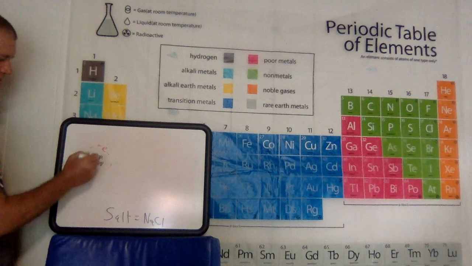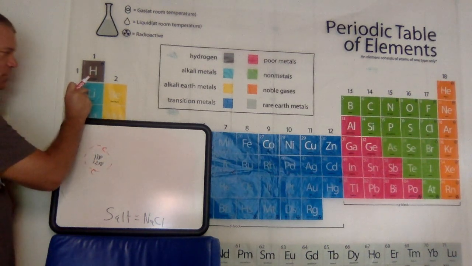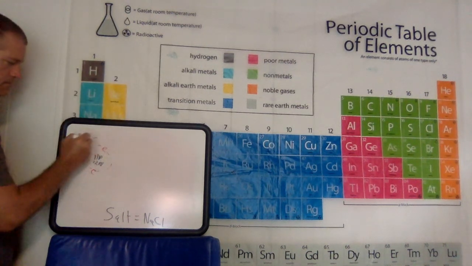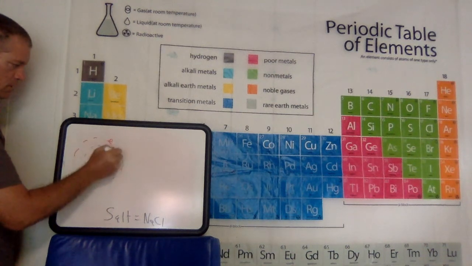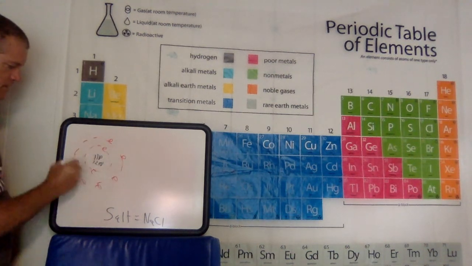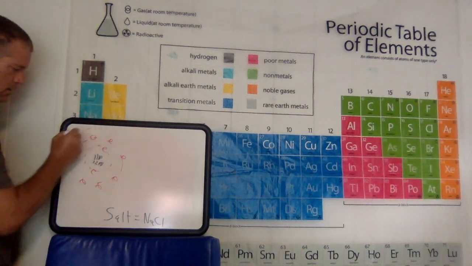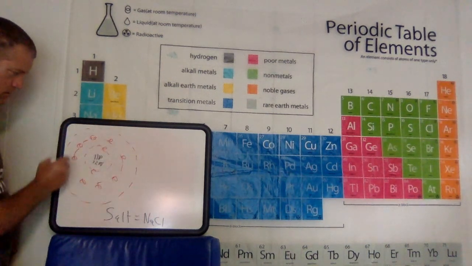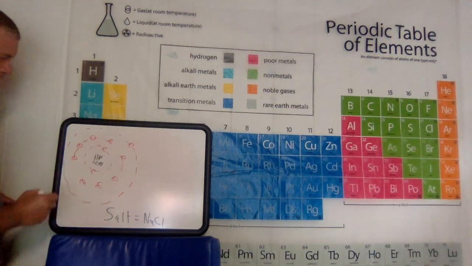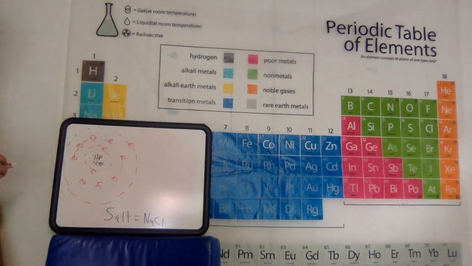You better know that, Zaylin. How many can fit in the second shell? 8. 1, 2, 3, 4, 5, 6, 7, 8. 8 and 2 are 10. I need one more. So I have one like that. Now, sodium has one lone electron out there.